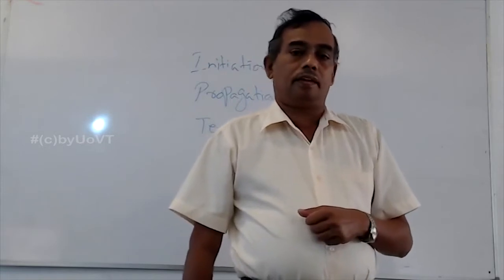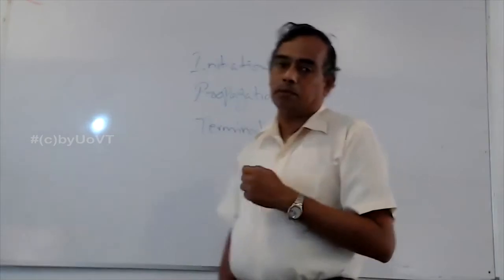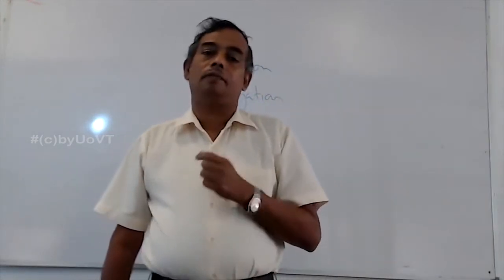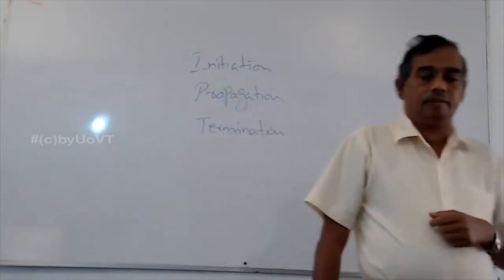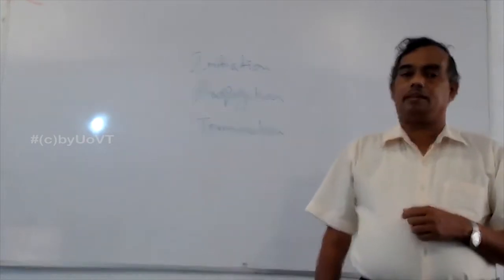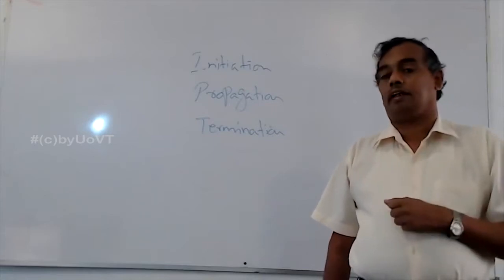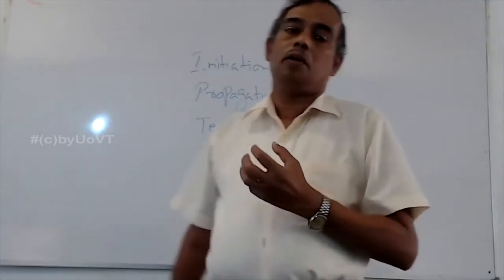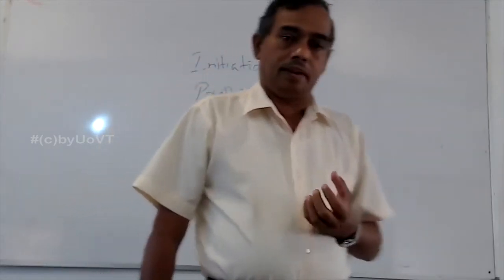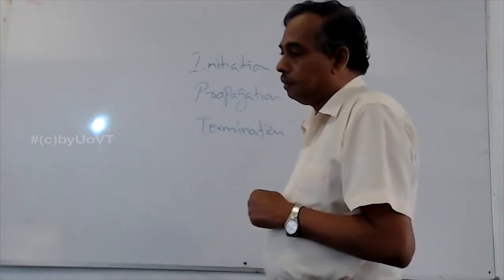The first important point is that autoxidation generally occurs with unsaturated fat. If the fat contains unsaturated fatty acid, those kinds of fats very easily undergo oxidation. That is a very important fact.